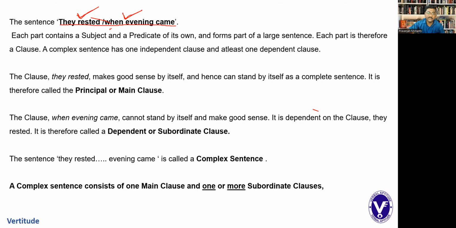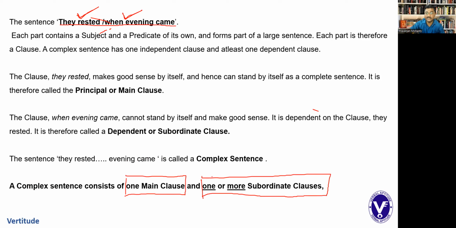So that's a dependent clause. Now, look at this. The sentence they rested when evening came is called a complex sentence. So a complex sentence consists of, this is important, one main clause and one or more subordinate clauses.